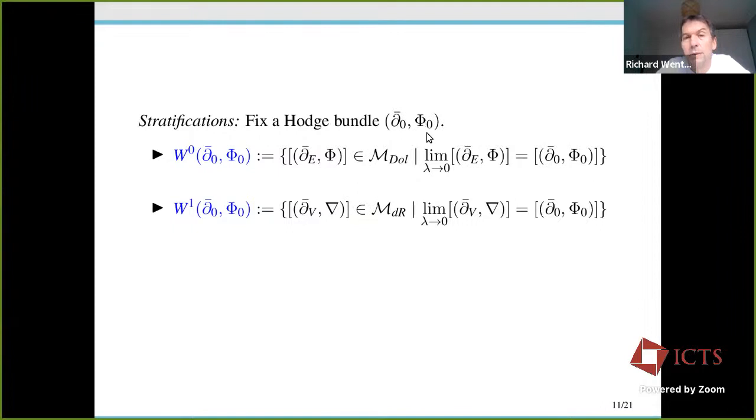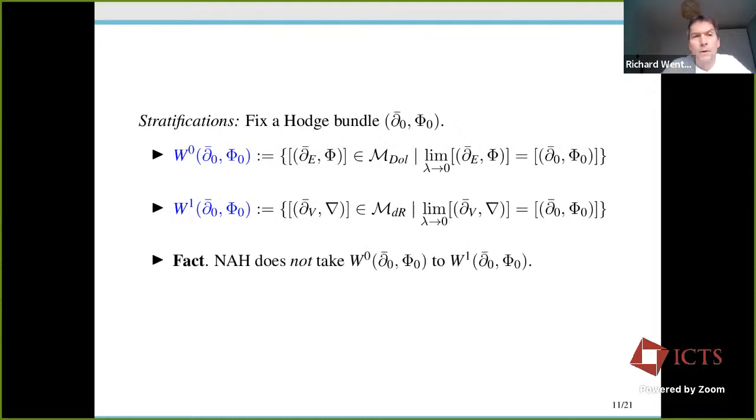In the particular case where phi was 0, we just recover the cotangent bundle on this side, and then this other fiber that I described, this open set on the de Rham side. The important fact, I guess, is that in general, non-abelian Hodge does not take one stratum to the other. It does on the particular Hodge bundle, that's what we just discussed, but in general, it's just not true.